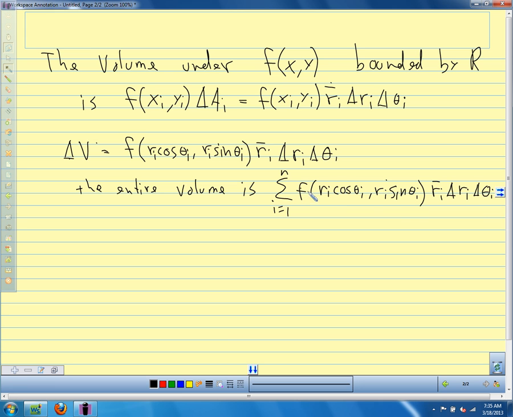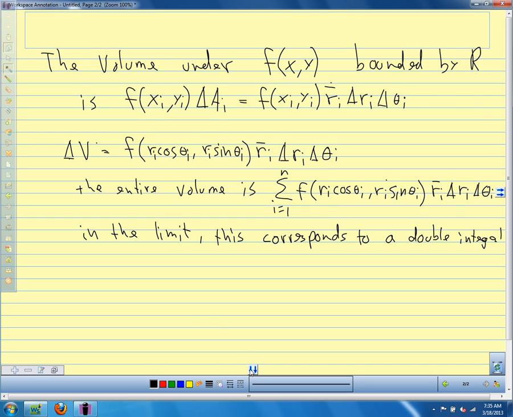So if we take the limit, this corresponds to our definition of a double integral. This is exactly how we defined a double integral, is the limit of this quantity.